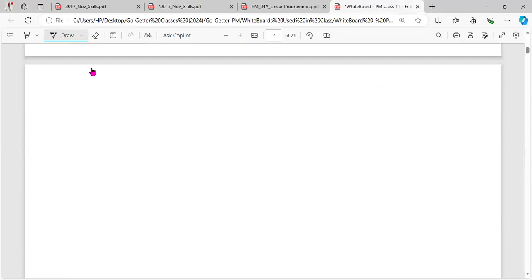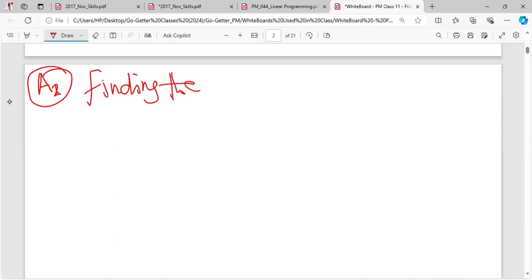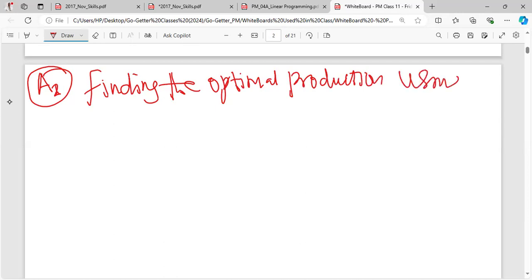So let's look at stretching this thing out. So we'll say A2, finding the optimal production using the graphical method.